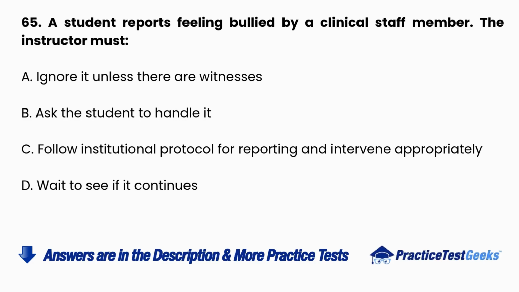A student reports feeling bullied by a clinical staff member. The instructor must A. Ignore it unless there are witnesses. B. Ask the student to handle it. C. Follow institutional protocol for reporting and intervene appropriately. D. Wait to see if it continues.